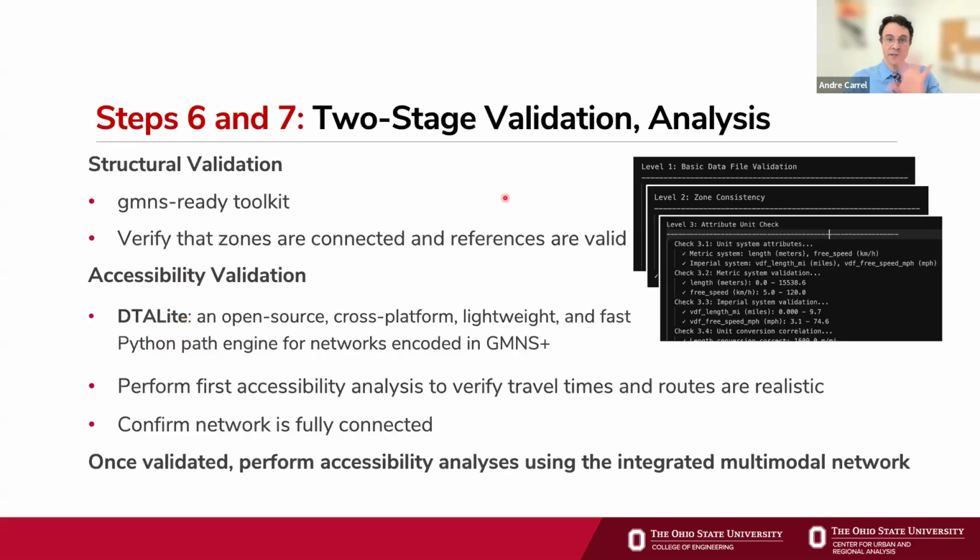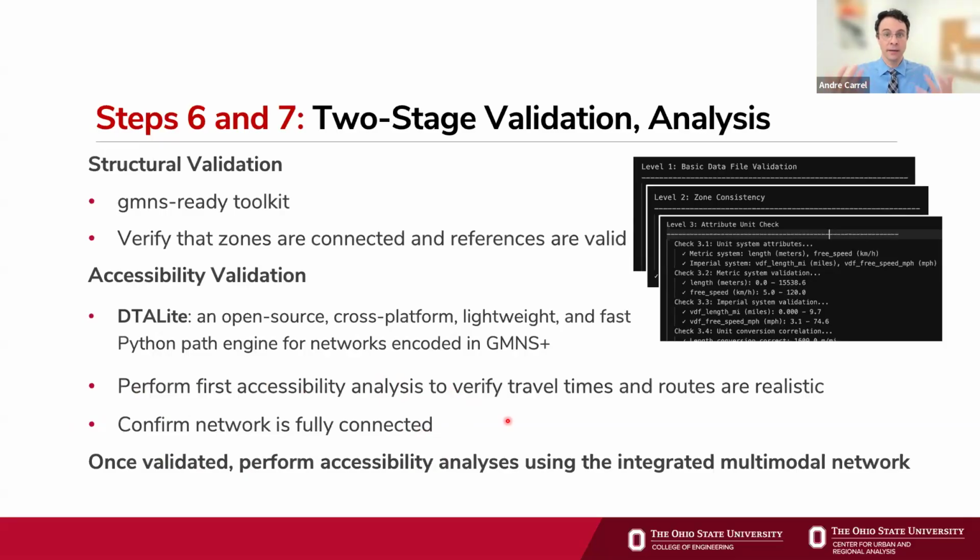So what we consider the second stage of the validation is to perform an accessibility analysis that's not really meant for generating results, but for verifying that the travel times are realistic, that routes are realistic, and to confirm that the network is fully connected, right? So that there are no islands where parts of the network are disconnected if they should be connected in reality. And this is up to the user.